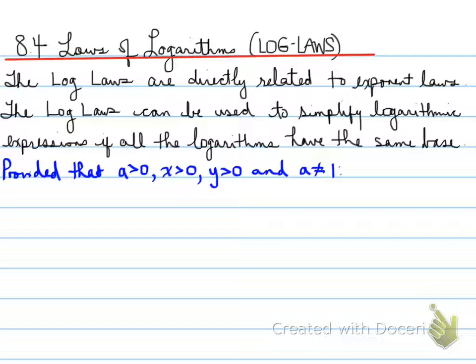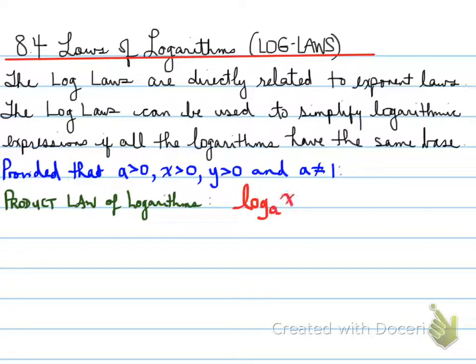Okay? And a law allows you to use it forwards and backwards. The first one is known as the product law of logarithms. The product law states the following: if you have the log of a product, you can change it so that you have the sum of the individual logs of each part of the product.